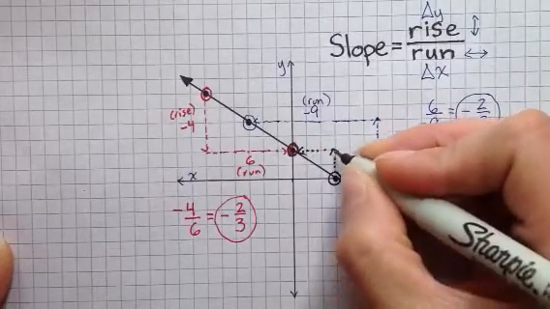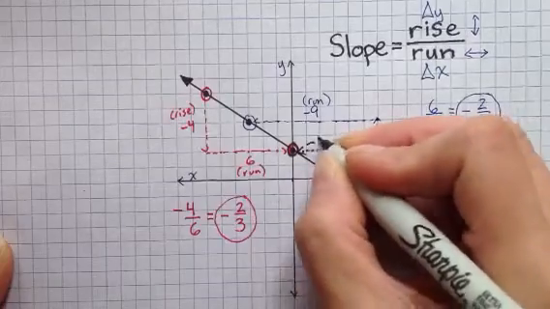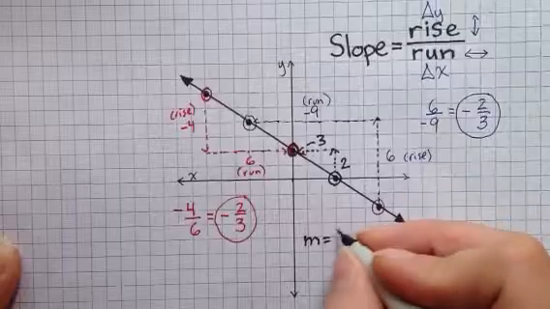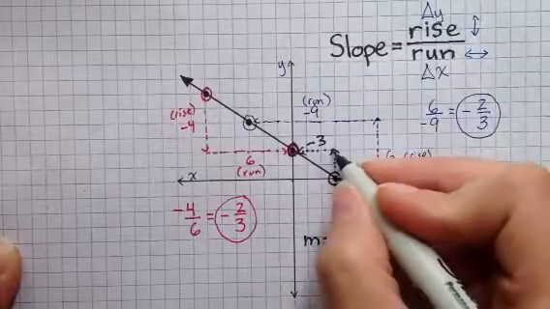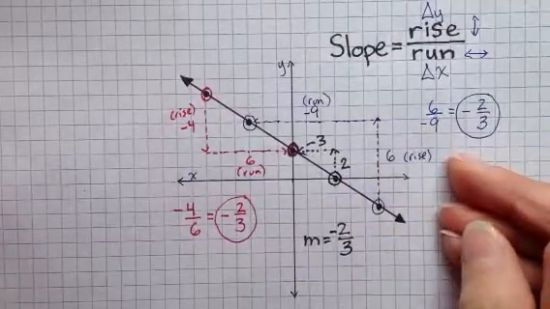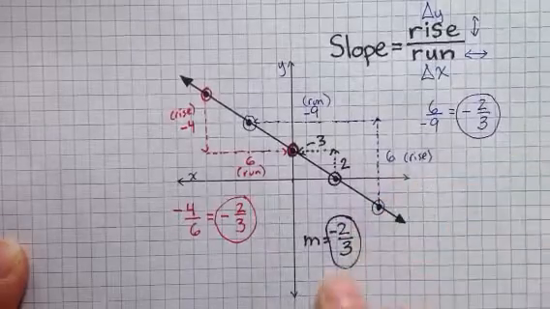So rise, positive 2, run, negative 3. So m, remember, represents slope, is my rise was up 2 and my run was negative 3. And again, the negative should go out front or on top. That's okay too. Alright, so there it is, negative 2/3.